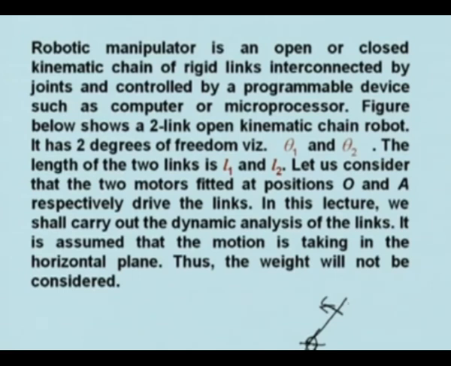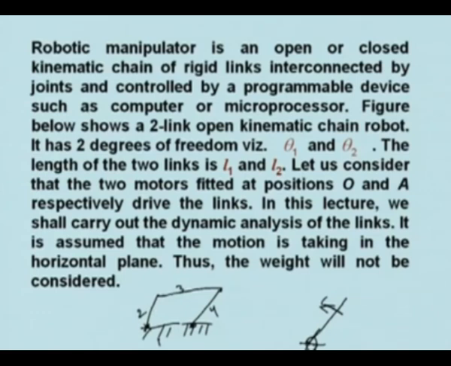We can have a kinematic chain, if you have a number of links, like a 4-bar mechanism. Here this link is fixed, another link is connected by a pin joint, another like this, and then this. So this is 1, 2, 3, 4. This is a 4-bar mechanism, and you see that this chain is closed.